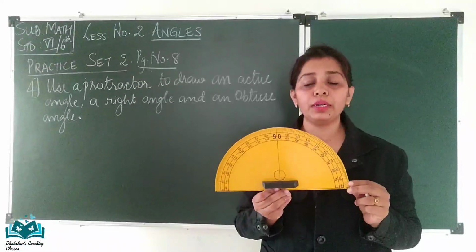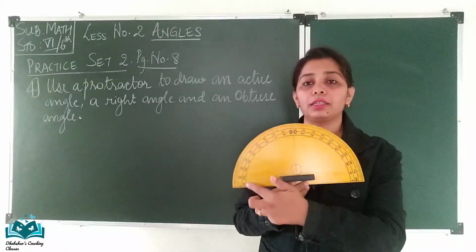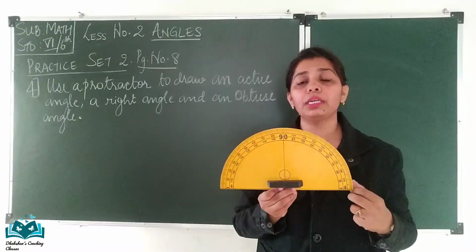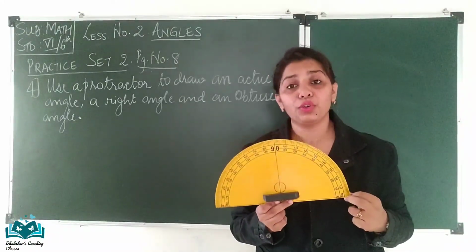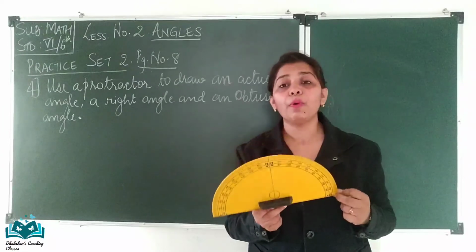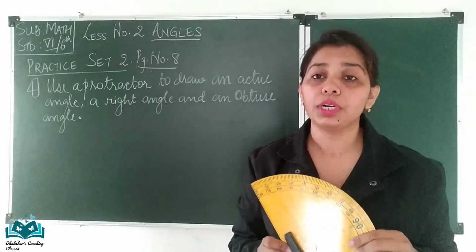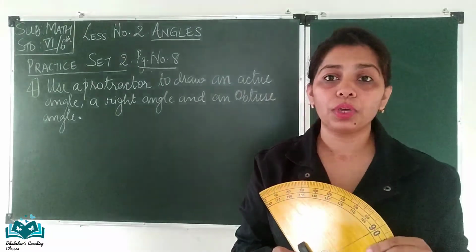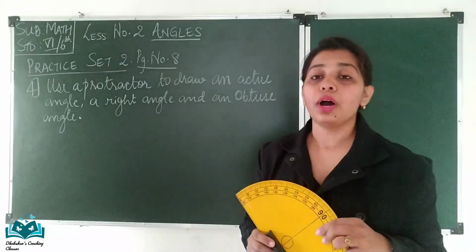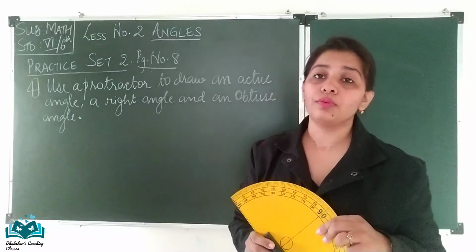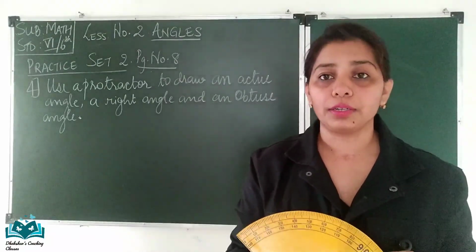This type of instrument, you can see it is a D-shaped instrument. It is given in your geometry box. With the help of a protractor, you need to draw an acute angle. Okay, so I will be showing you how an acute angle is drawn with the help of a protractor.